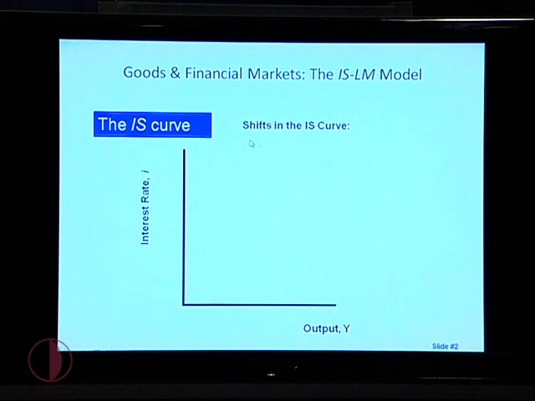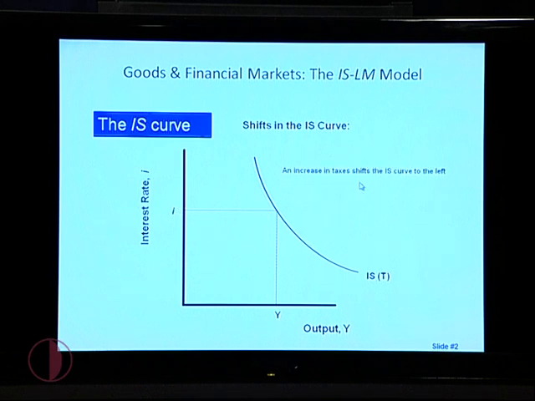There's the IS curve. Shift in the IS curve, that is, interest rate and output. This is interest rate plotted against output.